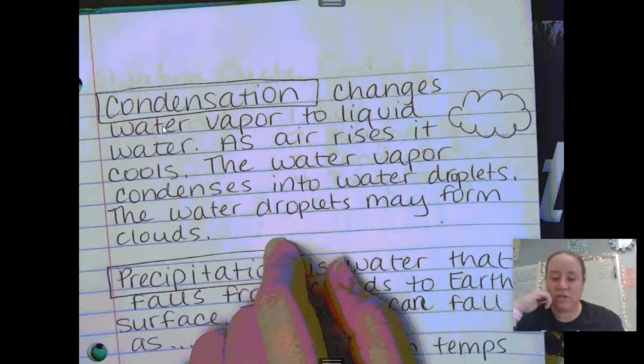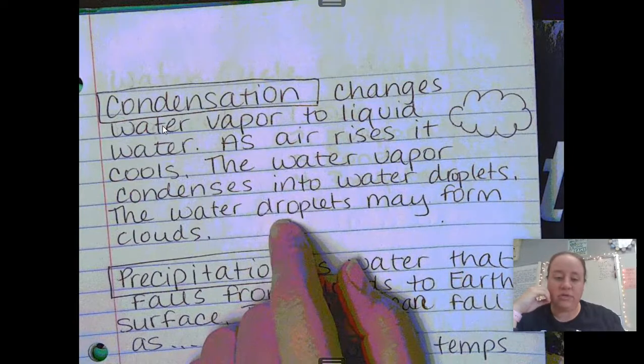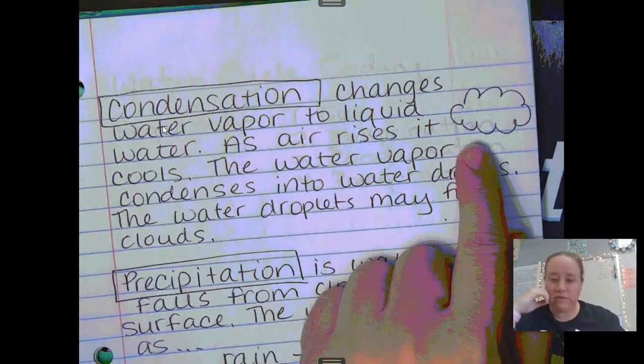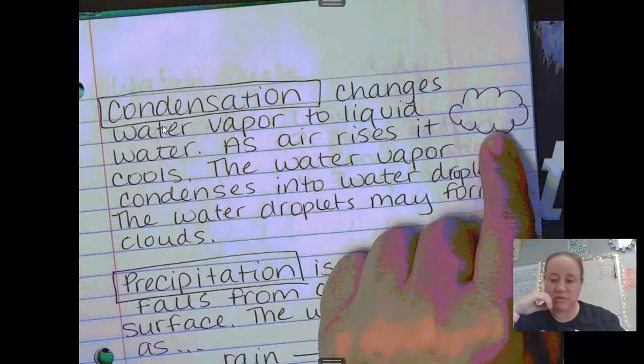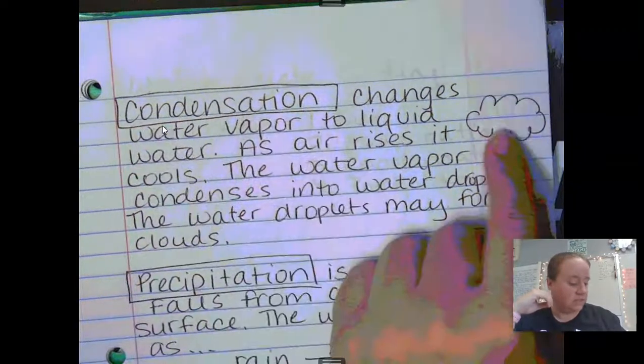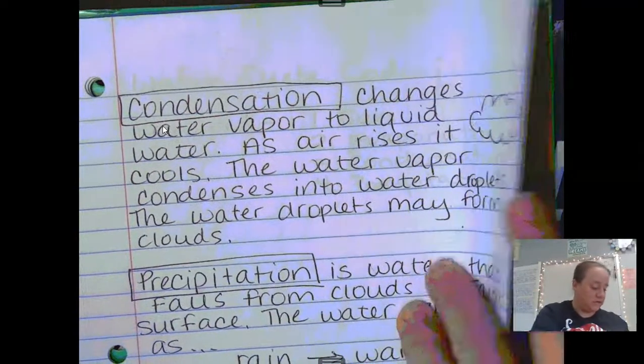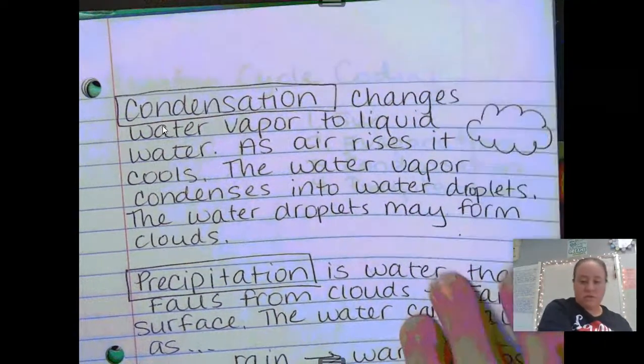So as that air is rising and rising and getting higher and higher, it starts cooling and it starts condensing into these water droplets. It starts coming together and forming these water droplets. And those are what form our clouds. So condensation, cloud starts with the C, condensation starts with the C. So I always make that connection with those starting first letters. So those were the notes we took.